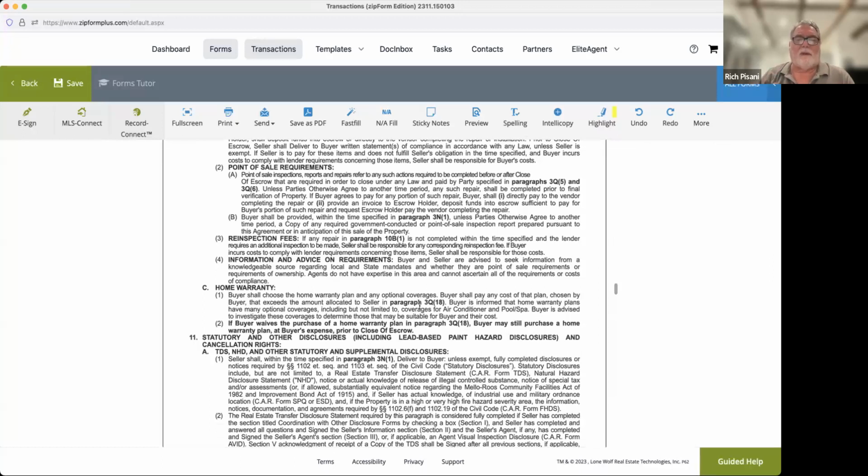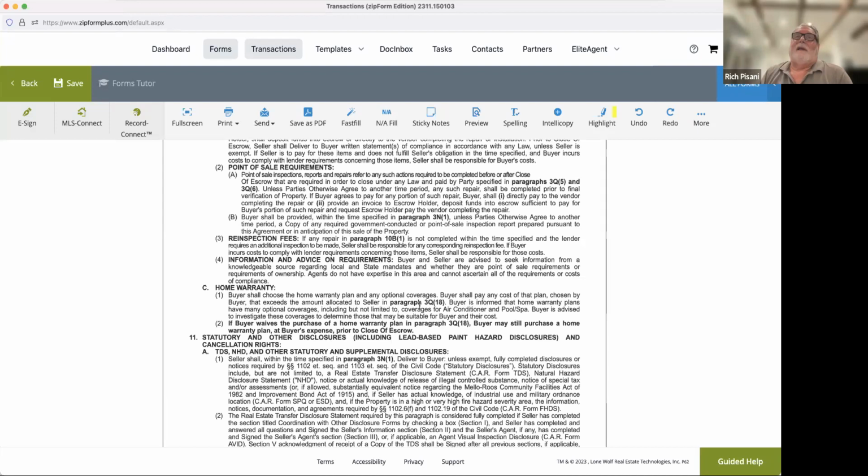Reinspection fees. This is important. If any repair is not completed within the time specified and the lender requires an additional inspection, seller shall be responsible for any corresponding reinspection if buyer incurs costs to comply with lender's requirements. A lender requirement is to have carbon monoxide detectors.